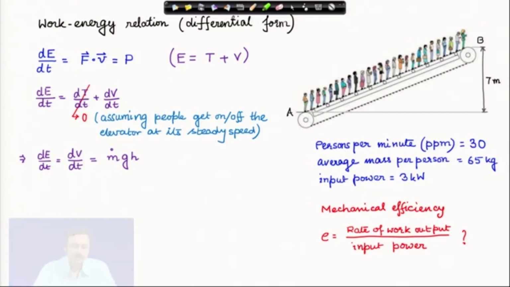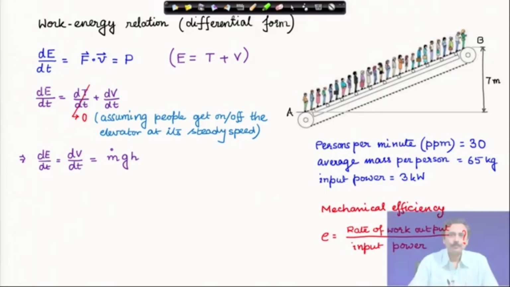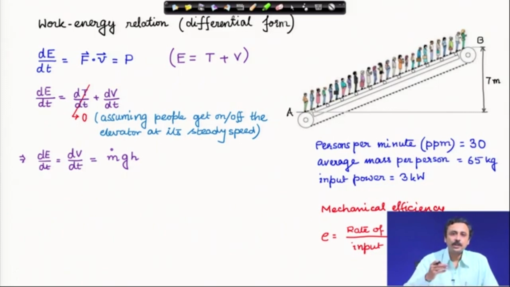In that case, the rate of change of total mechanical energy is nothing but the rate of change of potential energy of the system. Now, the potential energy is nothing but mgh. How can it change? m is a constant, g is a constant, h is fixed, it is taking these people up by 7 meter. Therefore, what is the rate of change of potential energy?